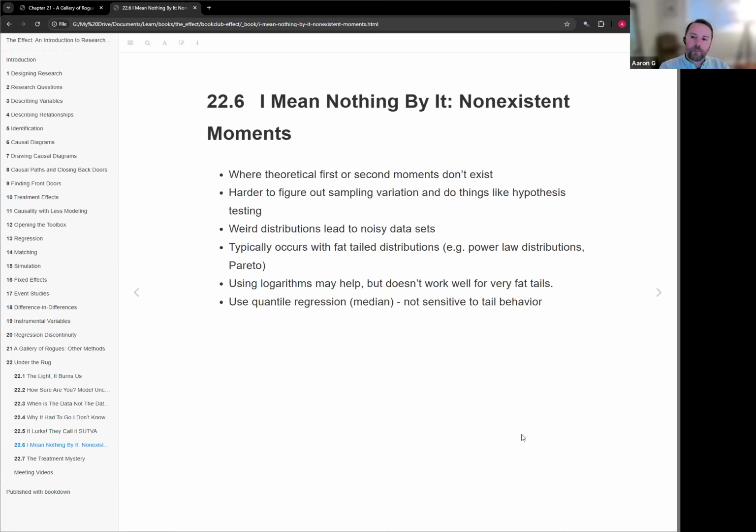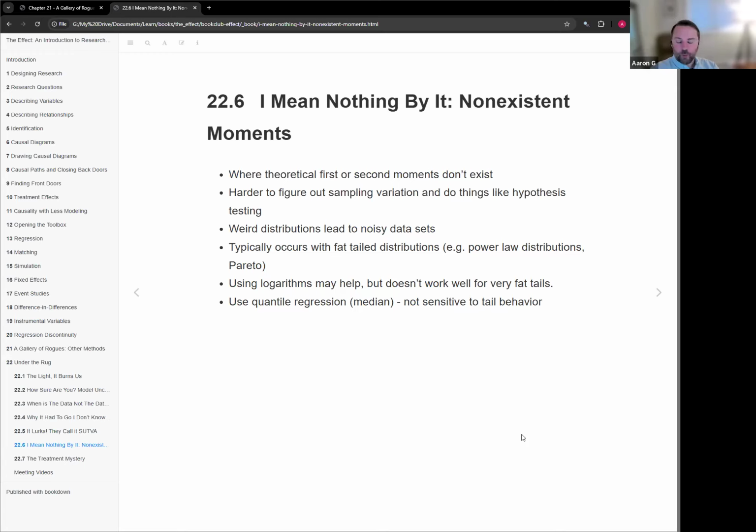So the problem is your data tends to be quite noisy if you have these extreme value distributions, and if the logarithm isn't going to be sufficient here, instead of looking at a mean treatment effect, you might want to look at the median. That is a common workaround here. The 50th percentile is what folks typically do because the median would be less sensitive to what's going on in the tails.